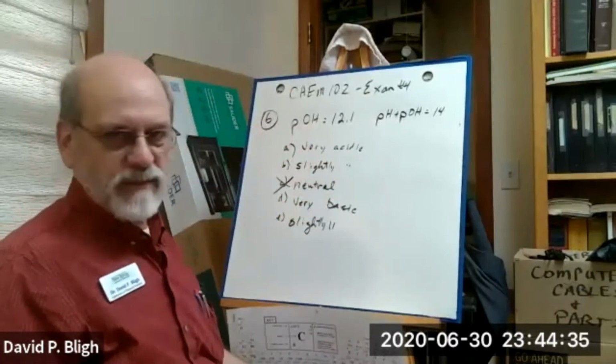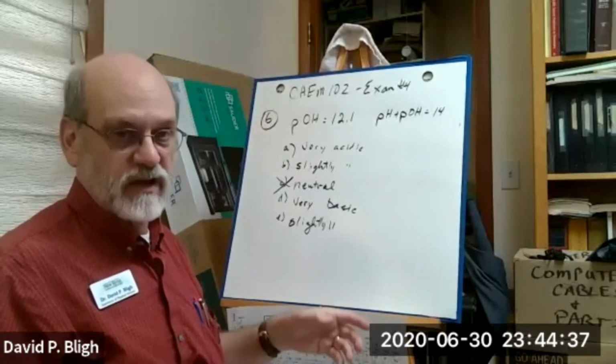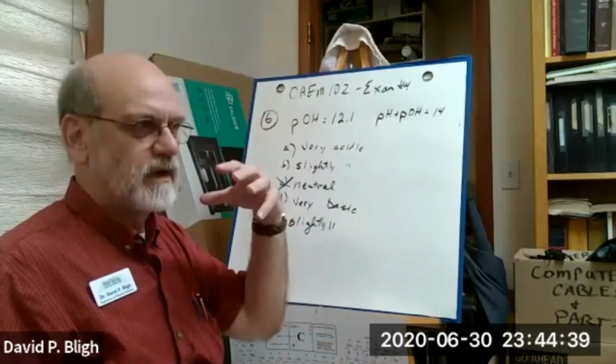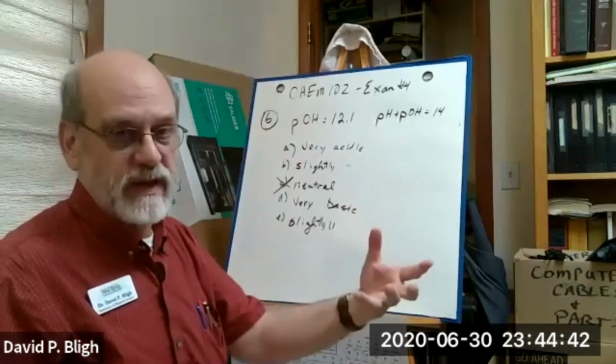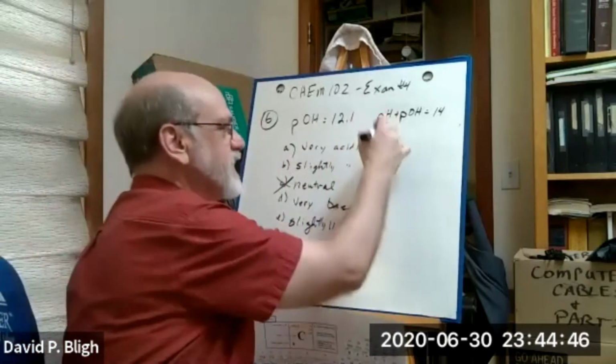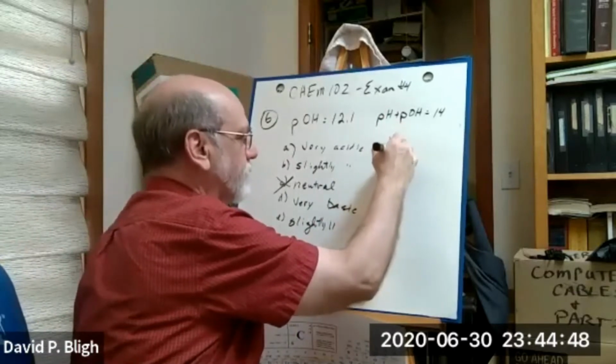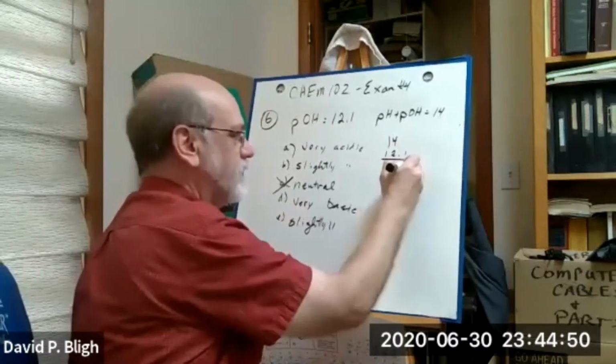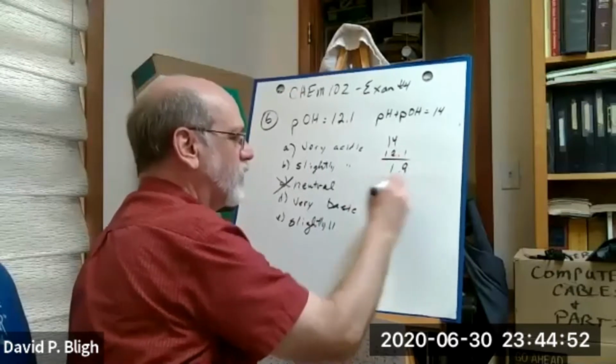So now it might be worth converting pOH to pH, because we have a better feel for pH than we do for pOH. So what would the pH be? 1.9 pH.